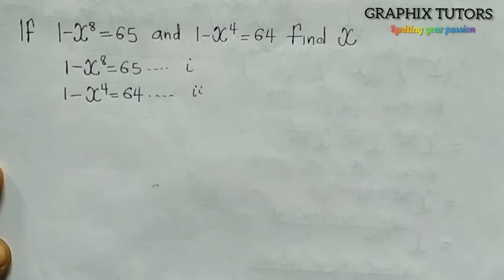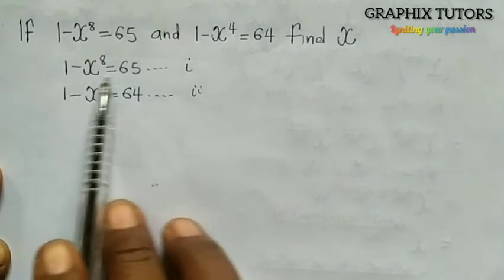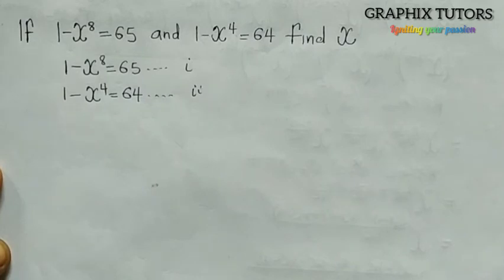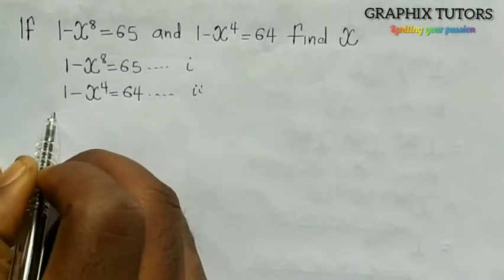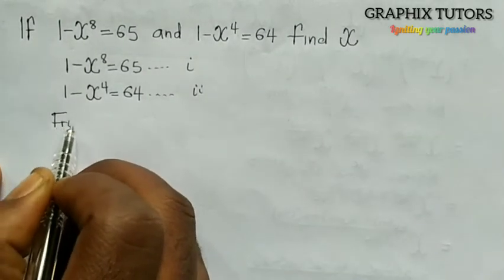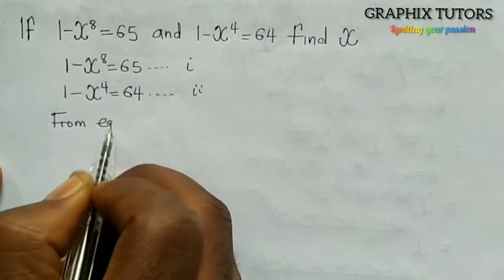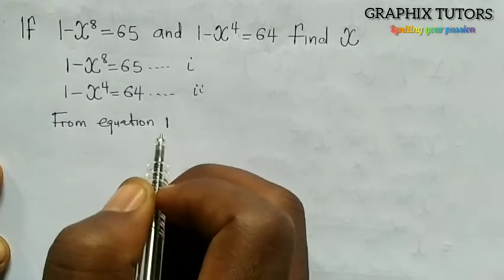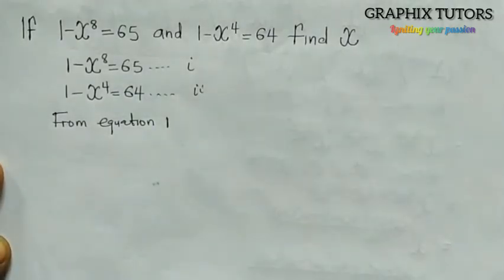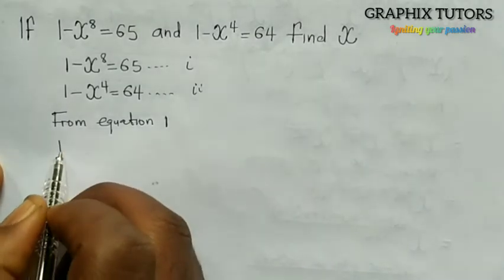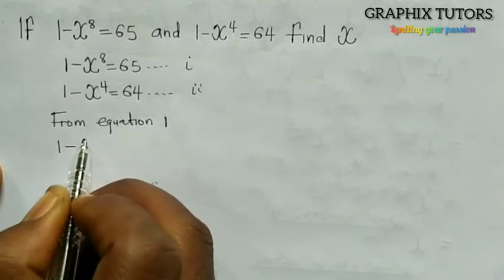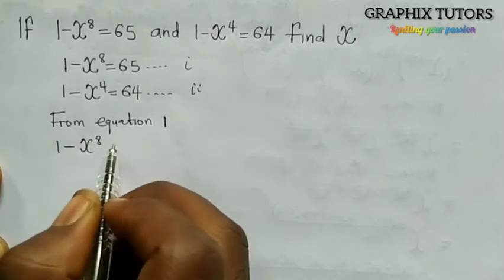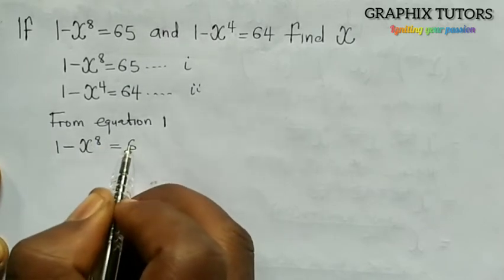Now in this equation 2 here, I can find it in equation 1. So what I'm going to do here is break this equation 1. From equation 1, I have 1 minus x^8 equals 65.